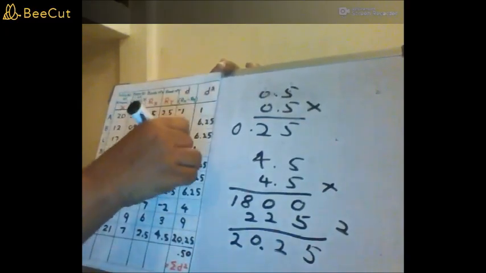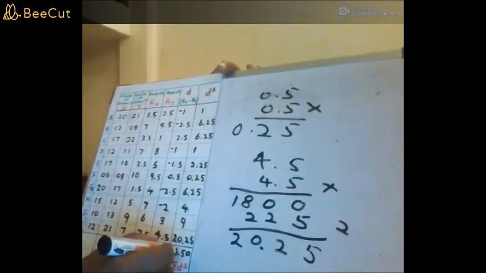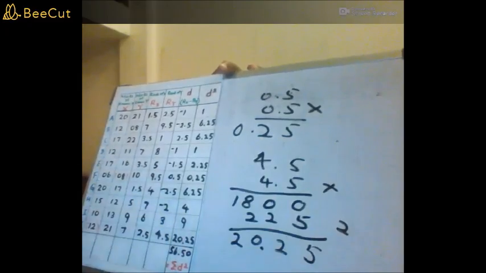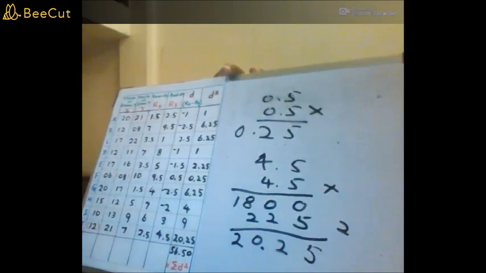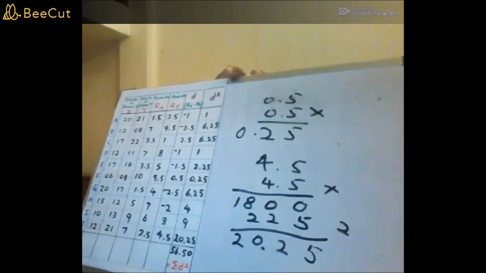You add 6, 5. So our summation d squared is 56.50. Right, 56.50.